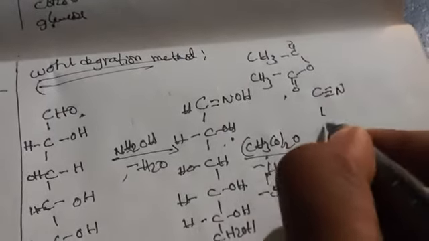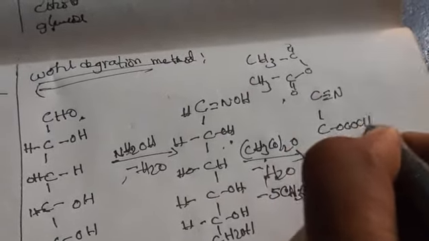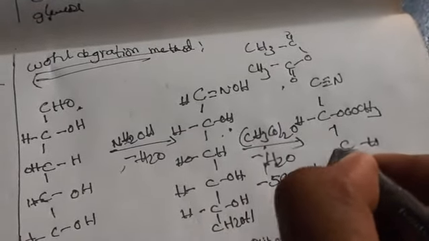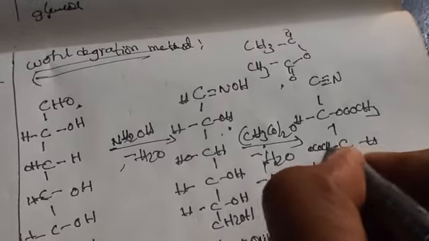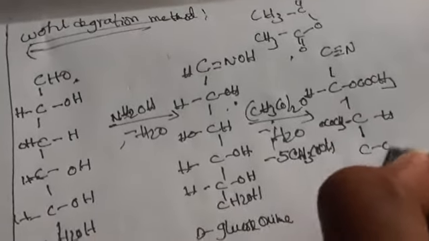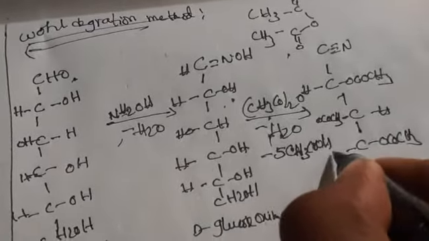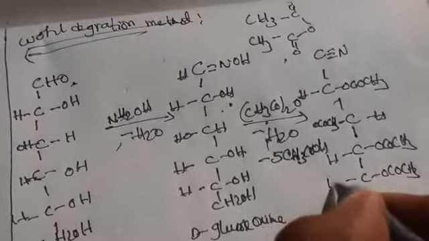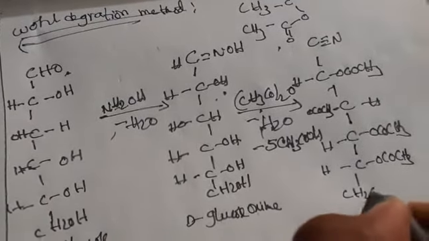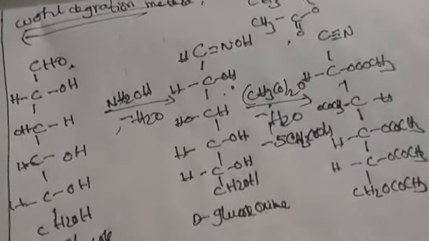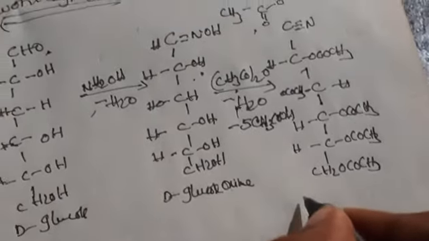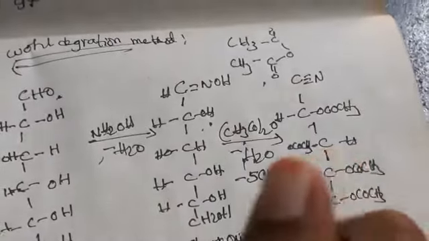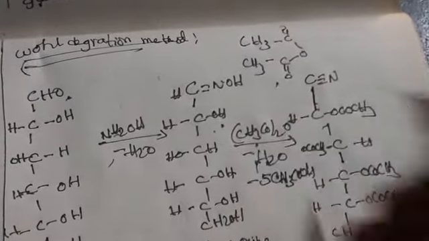So now OCOCH3, H and CH, OCOCH3, OCOCH3, H, OCOCH3, H, CH2OCOCH3. What is it forming? This is a nitrile group, or we can also say cyanide.